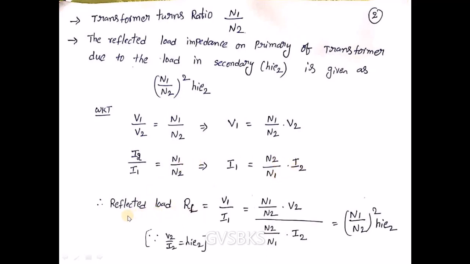Therefore, we can write the reflected load resistance RL is equal to V1 divided by I1, where V1 is the primary voltage and I1 is the primary current. By substituting these values of V1 and I1 in the equation, we get (N1 by N2) whole square into hie2, where hie2 is nothing but V2 by I2, V2 being the secondary voltage and I2 the secondary current.